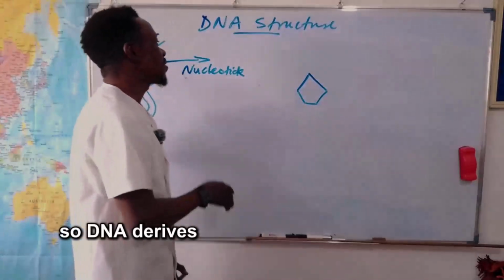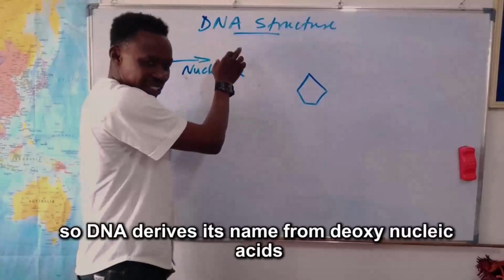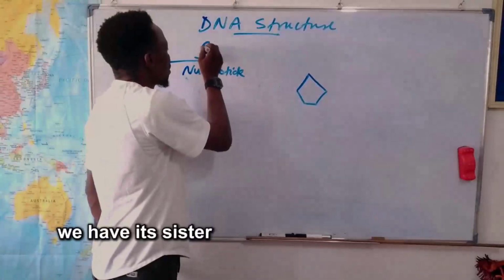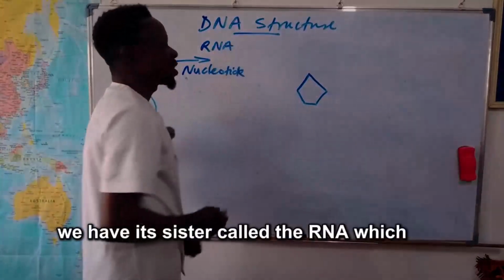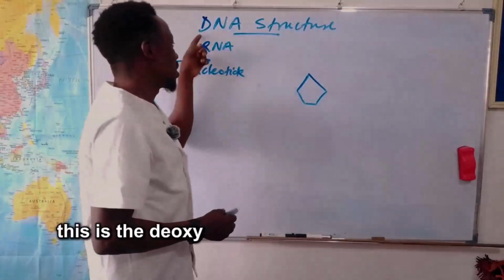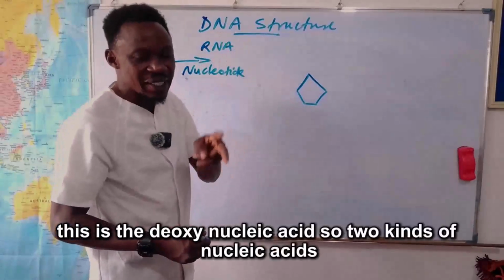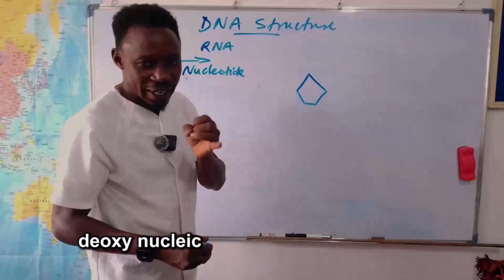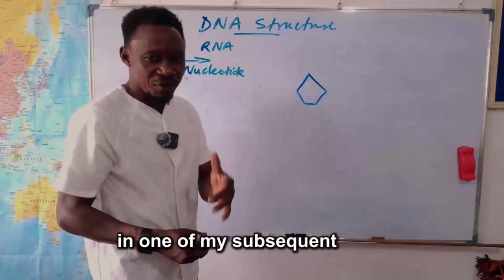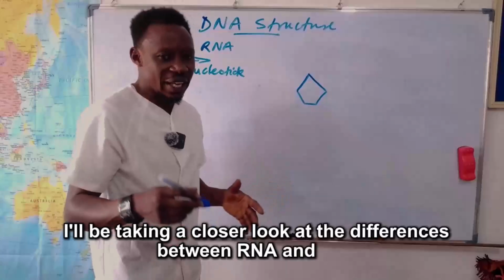So DNA derives its name from deoxyribonucleic acid, whereas closely related to it we have its sister, RNA, which is the ribonucleic acid. So two kinds of nucleic acids, deoxyribonucleic acids and ribonucleic acids. In one of my subsequent videos, I'll be taking a closer look at the differences between RNA and DNA.